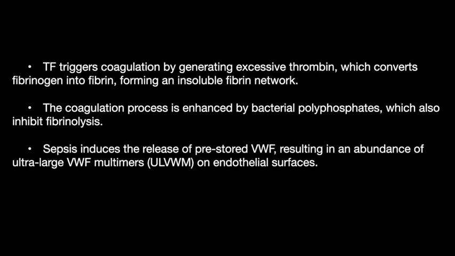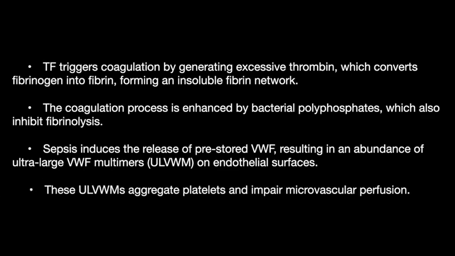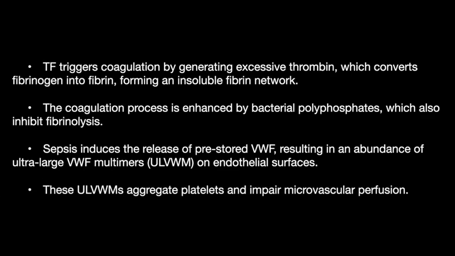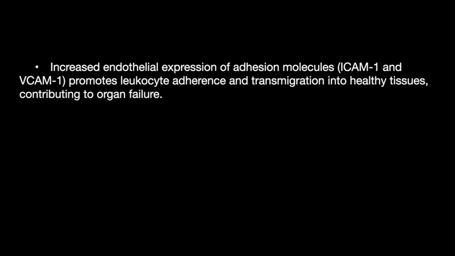Thus, sepsis induces the release of pre-stored von Willebrand factor, resulting in an abundance of ultra-large von Willebrand factor multimers on the endothelial surface. These ultra-large multimers aggregate the platelets and impair microvascular perfusion.